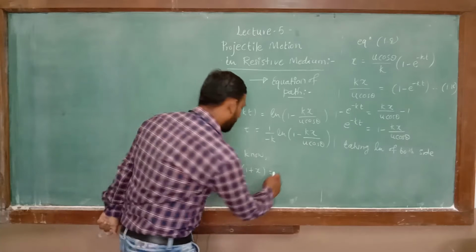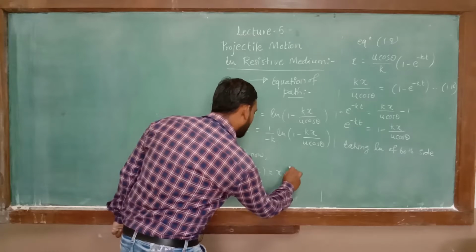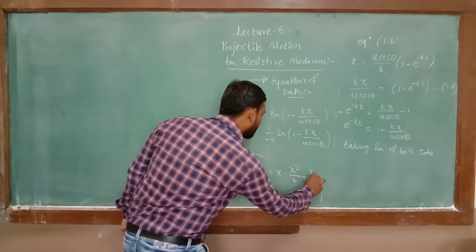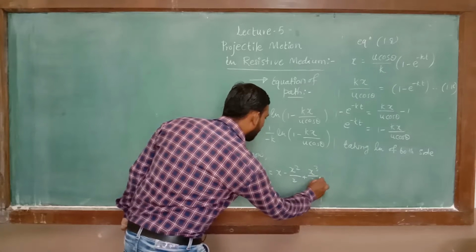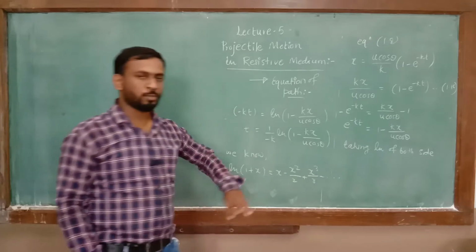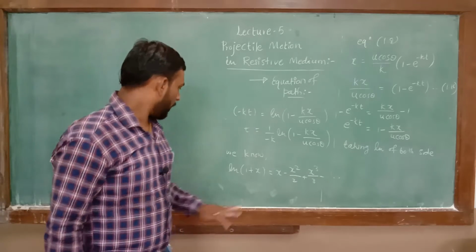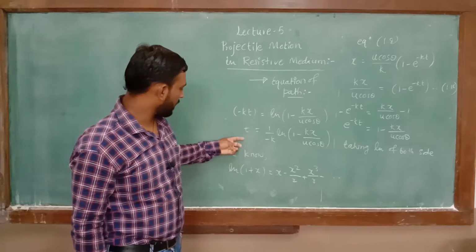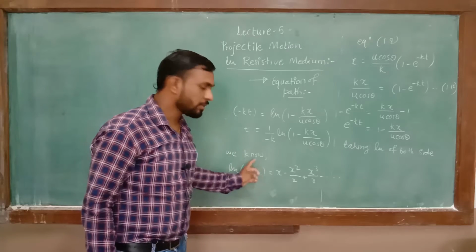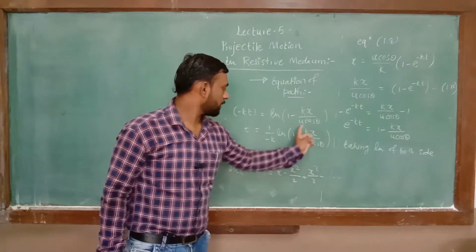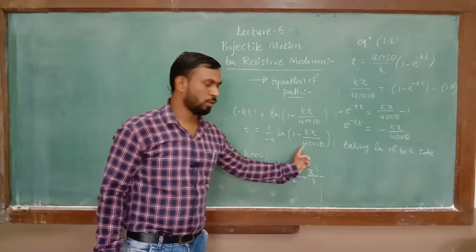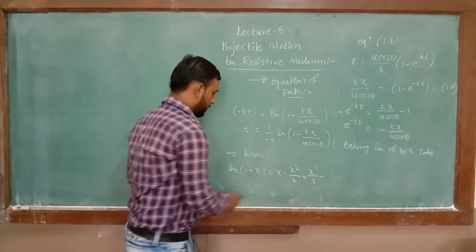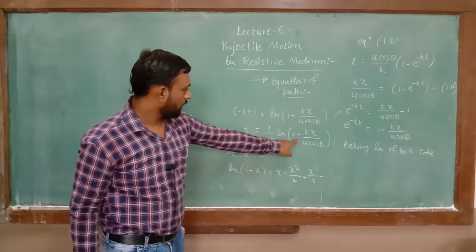Yes, it is x - x²/2 + x³/3 - and so on, with alternating plus and minus signs. If we compare this with our equation for t, instead of x we have minus kx / (u cos θ). Keep in mind this one has a plus sign, and we have a minus sign.